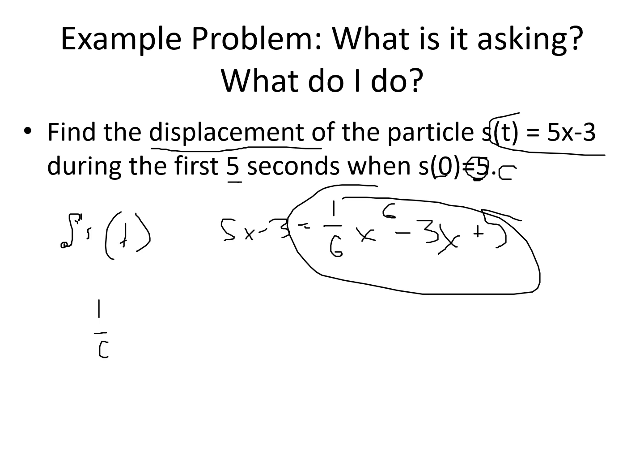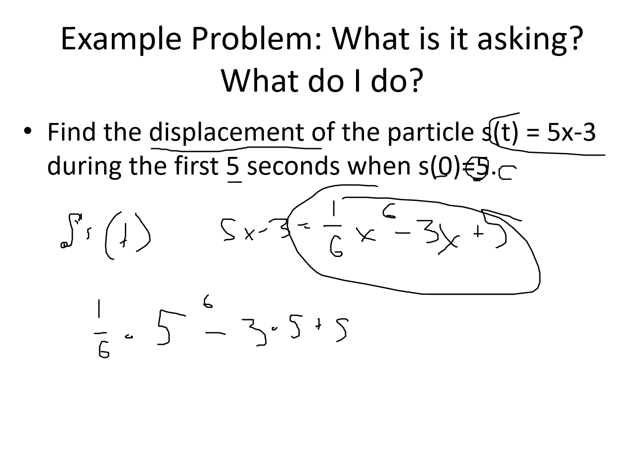But 1/6 times 5 to the power of 6 minus 3 times 5 plus 5. Actually, I think that's 5 to the power of 6. Yeah, no, I cannot do this without a calculator. So simply put that into your calculator, 1/6 times 5 to the power of 6 minus 3 times 5 plus 5. Oh my goodness.